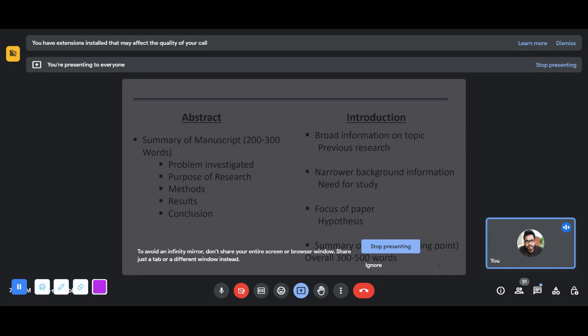But the abstract is always available free of cost for all the papers. Abstract of any paper is freely available, so people will read the abstract first. If they feel that this will be beneficial or helpful for their research, then they can go through the journal in detail. But first thing they will read is the abstract.